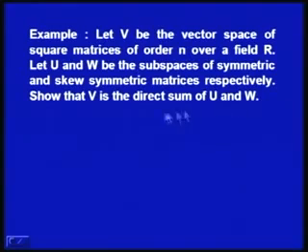Now, in the next example, let V be the vector space of square matrices of order n over a field R, and U and W be the subspaces of symmetric and skew symmetric matrices respectively.